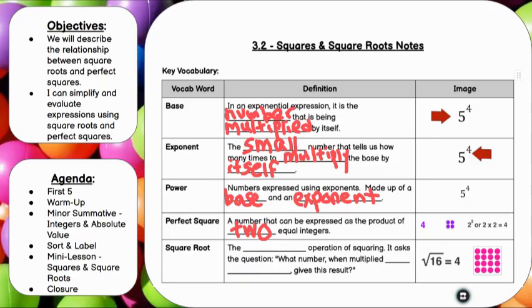Now, the exact opposite of the perfect square is a square root. The square root is the inverse operation of squaring. It asks the question, what number, when multiplied by itself, gives us the result?